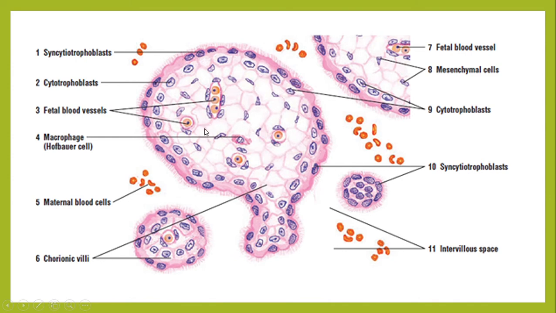Inside that, this area represents the extra embryonic mesoderm. And inside that we can see the fetal blood vessels, and inside the fetal blood vessels, in this diagram, the fetal erythrocytes.